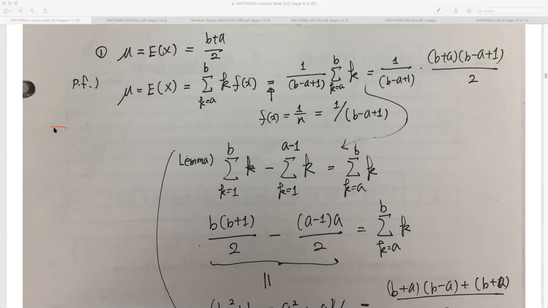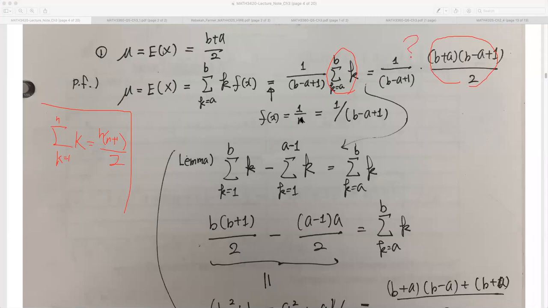Sigma k, k goes 1 through n, is equal to n times (n plus 1) divided by 2. That's a formula from the calculus book. But here I just want to figure out why that sigma expression can be written like this.